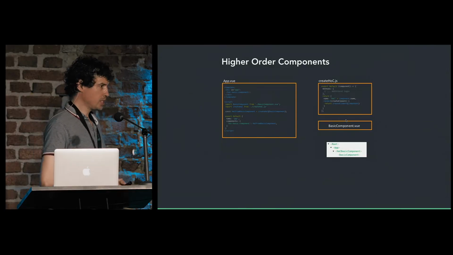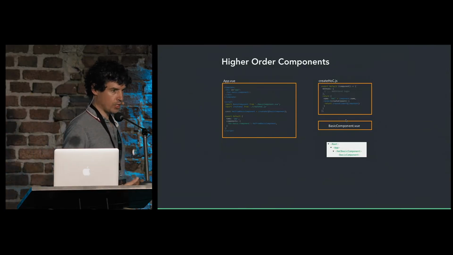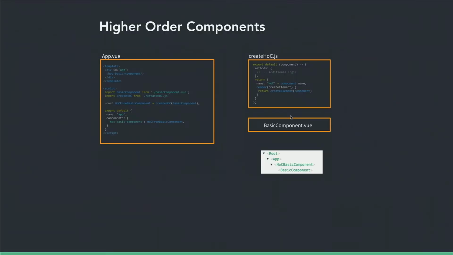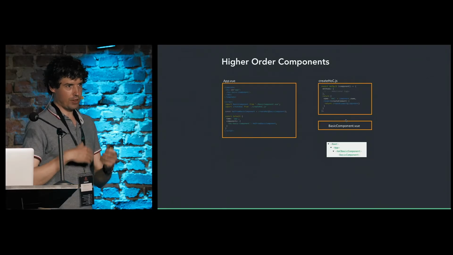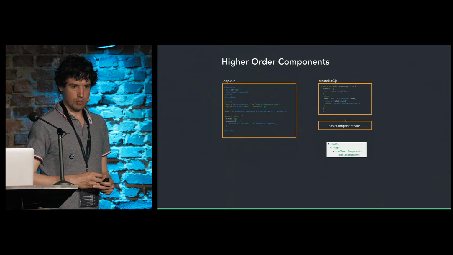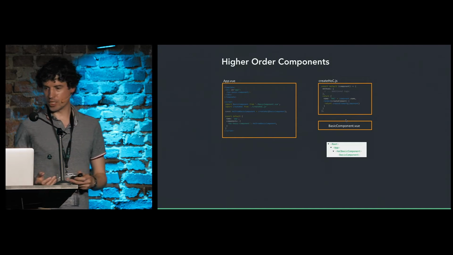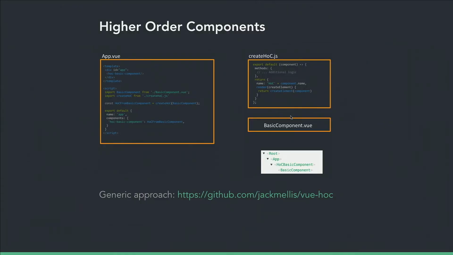So you can use this in Vue, quite similar to React, but it's a little bit more complicated because Vue's API is a little bit bigger and it has more stuff to it, edge cases. When you want to solve everything very generically with events and listeners and attributes, it's a little bit more tricky, but it's possible. At this URL, you find a general approach, which implements a general creator function.